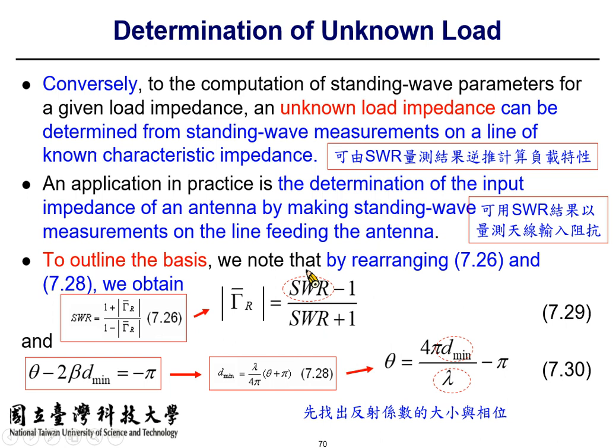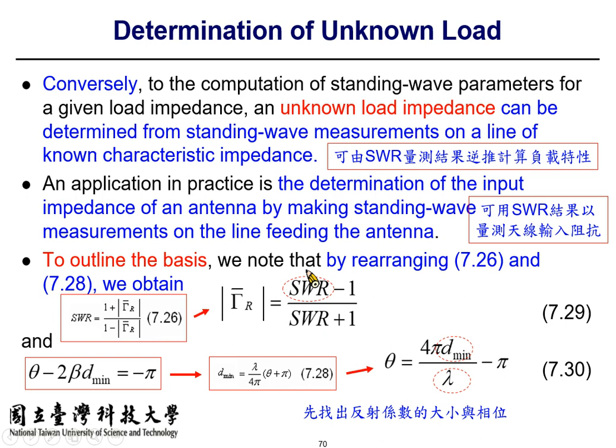The distance between two minimums or two maximums on the transmission line is about half a wavelength. So if you multiply the distance by 2, you can get the wavelength of the transmission line at that frequency. So the second and third information we acquire from the SWR measurements are T minimum and lambda.